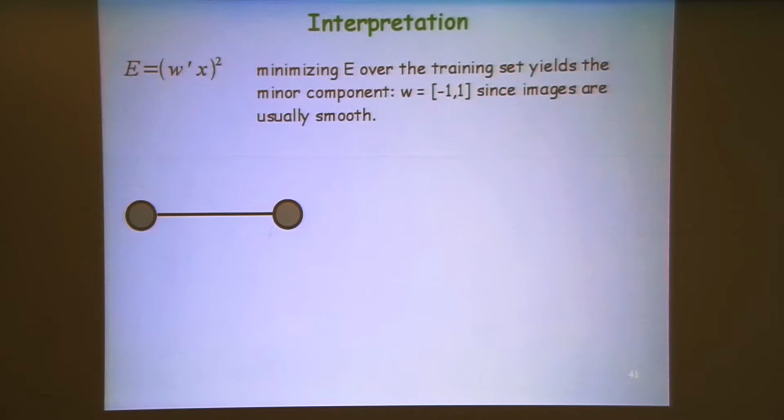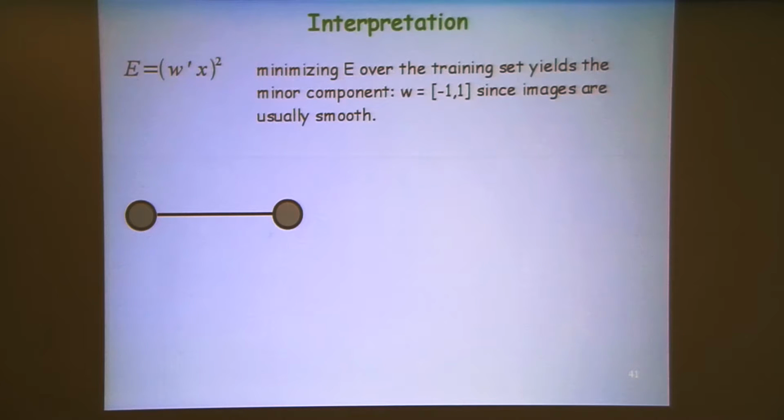And so in the case of natural images, you would learn a W that is very high frequency, like a checkerboard, a gradient. In the case of 2-pixel images, the W would be something like -1, +1. That's because images tend to be very smooth, and what's very common in images is low frequency, smooth content.